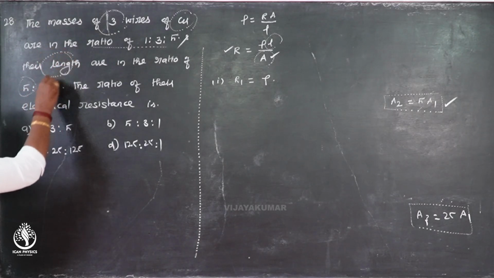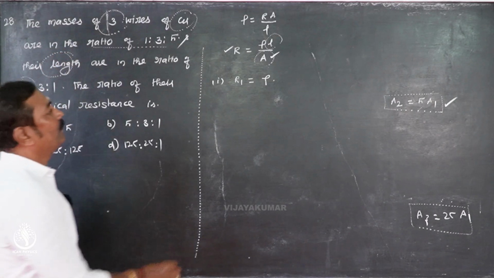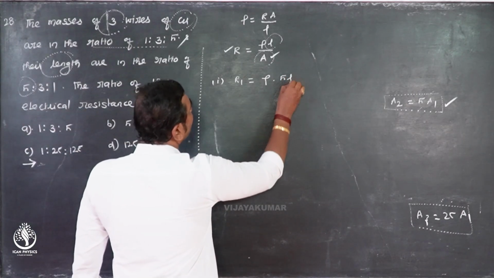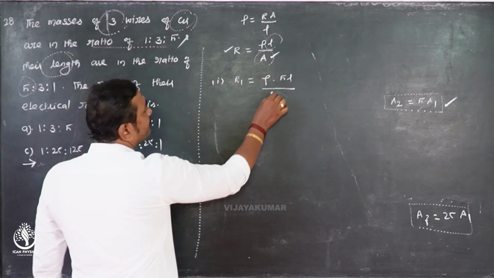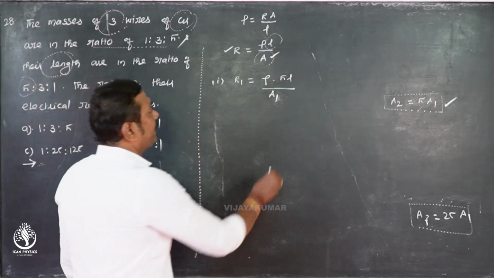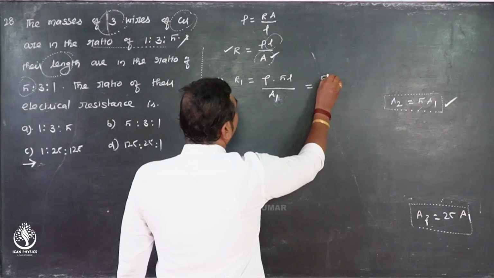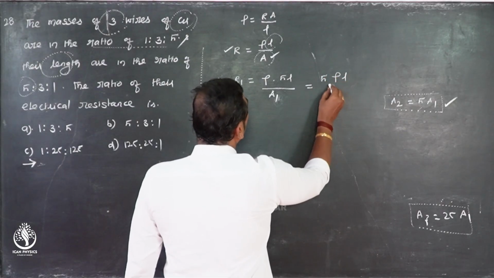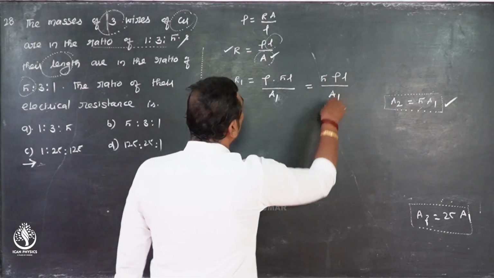The length of the first one is 5, so it becomes 5L divided by A. For the first case, the area is taken as A1. So now 5 times of rho L divided by A1.